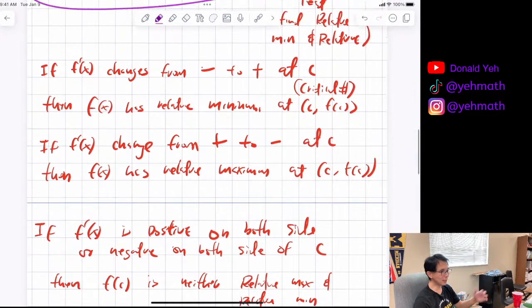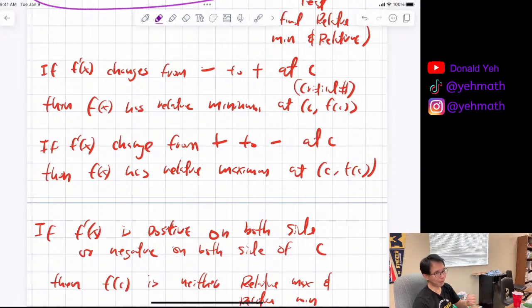The sentence basically says, if f prime of x changes from negative to positive, remember that number line test, if it changes from negative to positive, it means it's decreasing to increasing at c. What is c? c is some type of critical number that you have. We're going to name this one c.